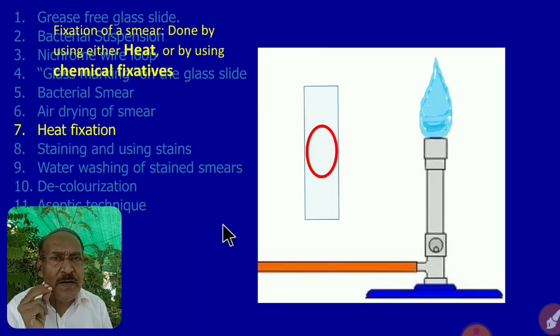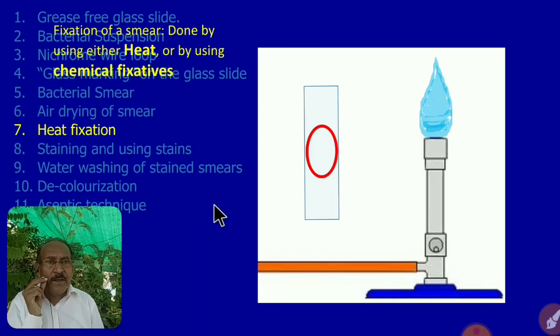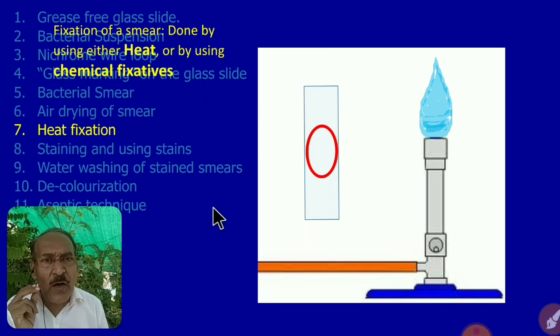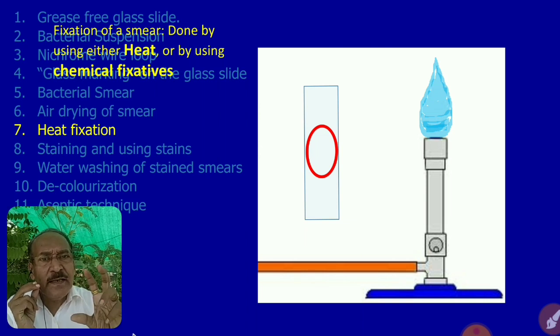Then comes the step of heat fixation. See what and for what purpose there is need of fixing cells on the glass slide. During staining procedures, most of the time, we come across a step of cleaning it with water.